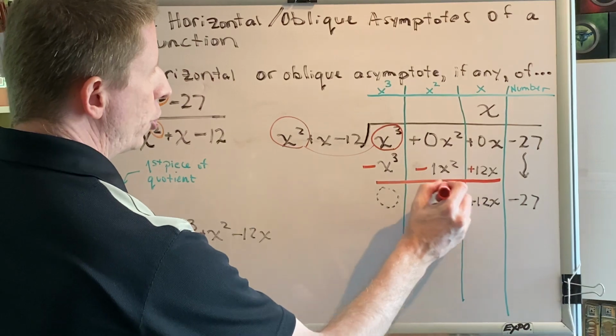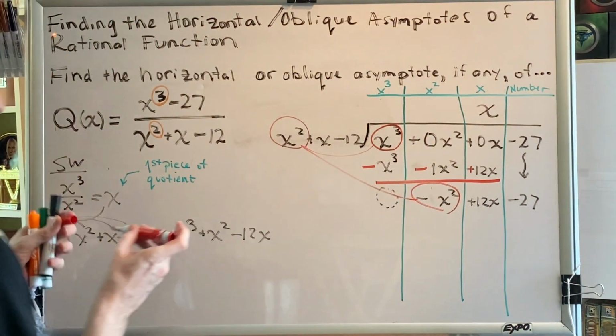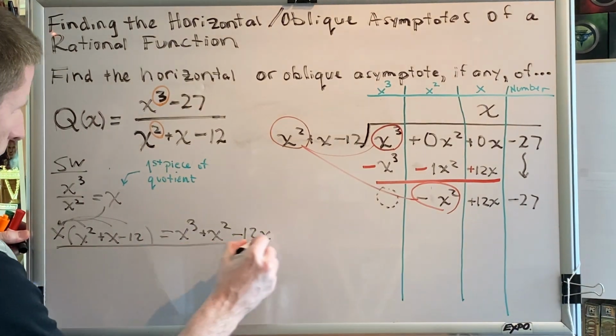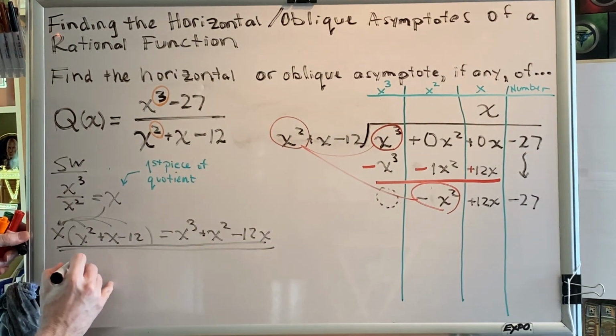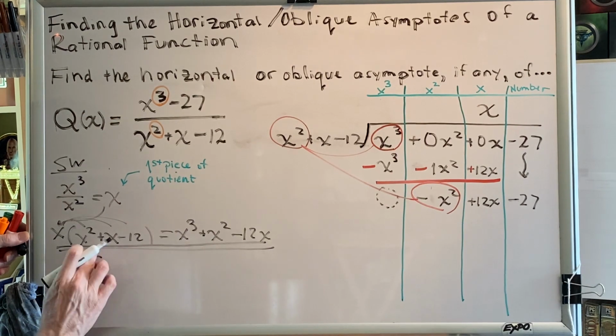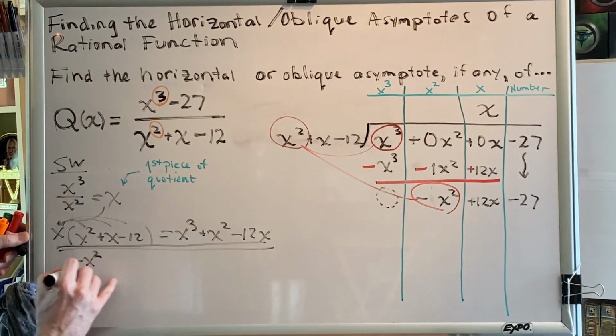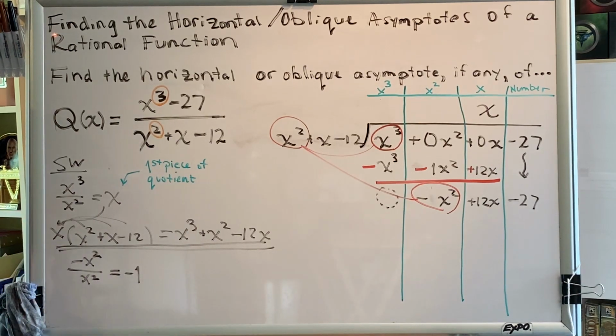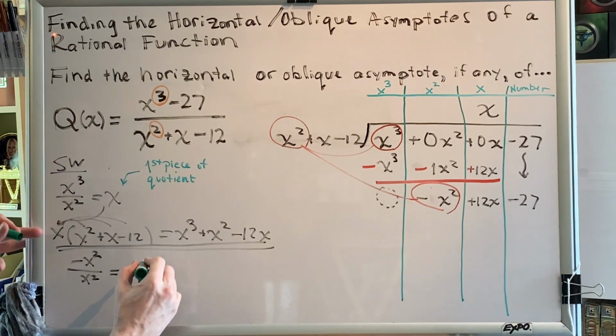So, first term of the dividend divided by first term of the denominator. Once again, I'll use my side workspace, so I have negative x squared divided by x squared, which gives the result negative 1. This is the second piece of the quotient.